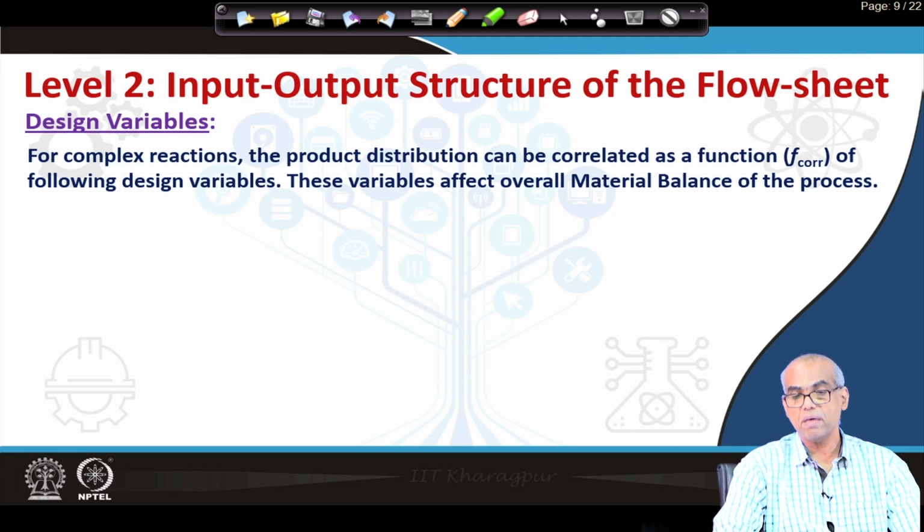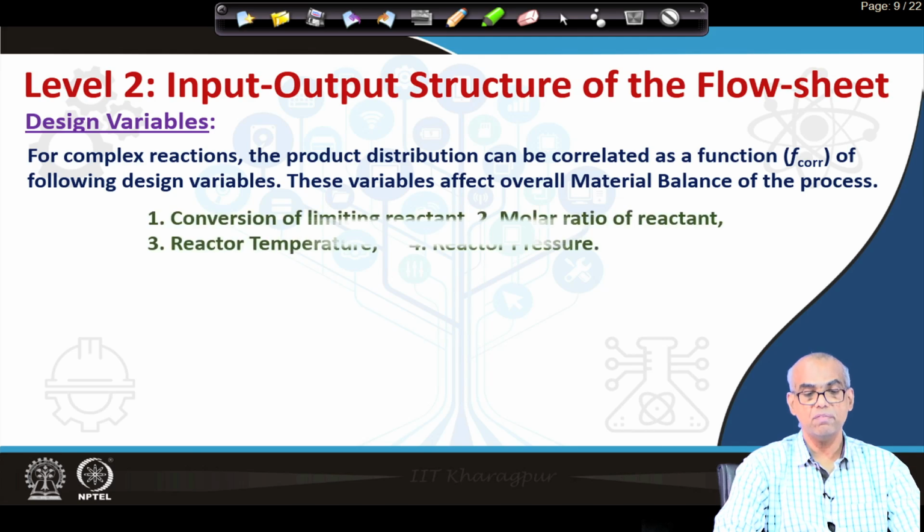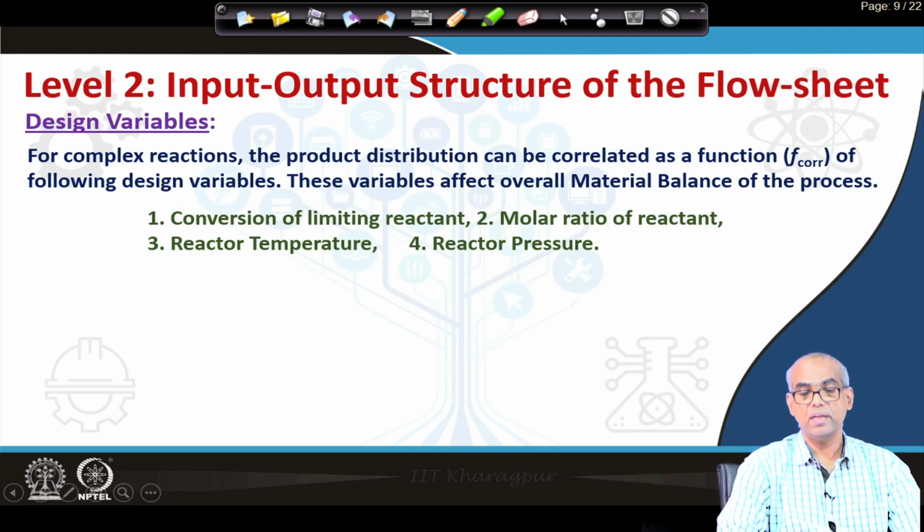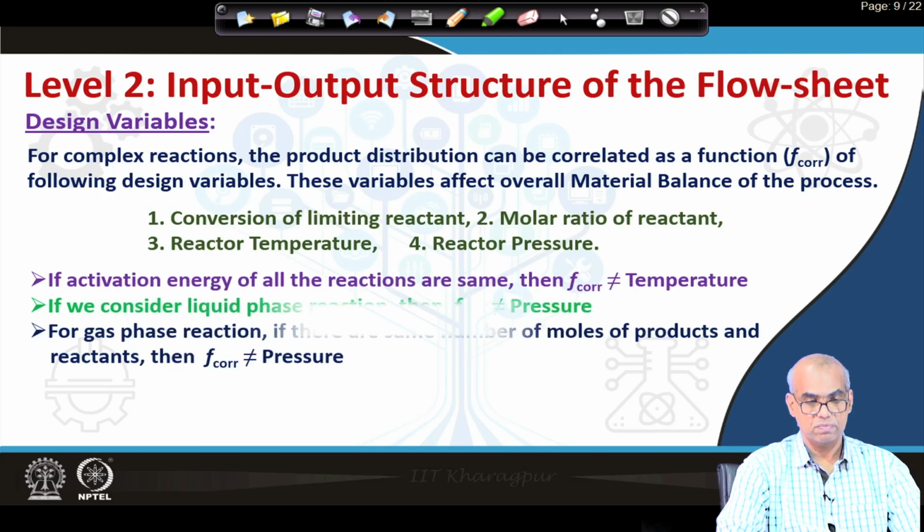These design variables affect the overall material balance of the process. What are those design variables? Conversion of limiting reactant. For example, in the HDA process, the limiting reactant is toluene. So, conversion of toluene will be a design variable. Molar ratio of reactant, reactor temperature, reactor pressure, these are all design variables.